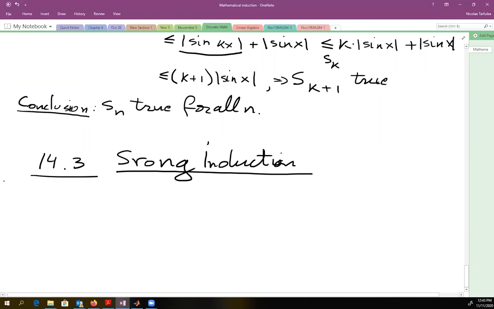Like I said, sometimes in an induction proof, it is hard to show that statement Sk implies Sk plus 1.